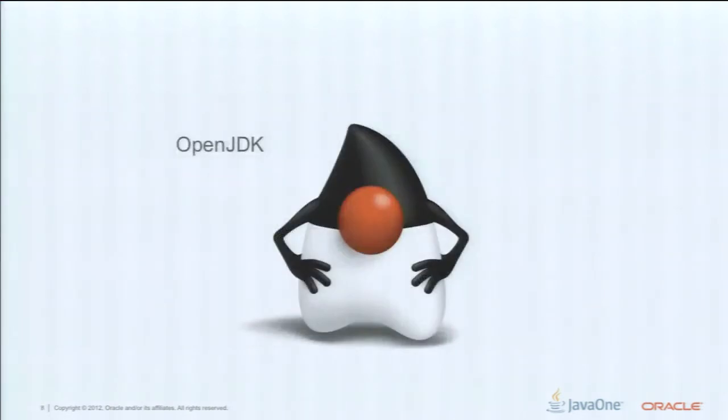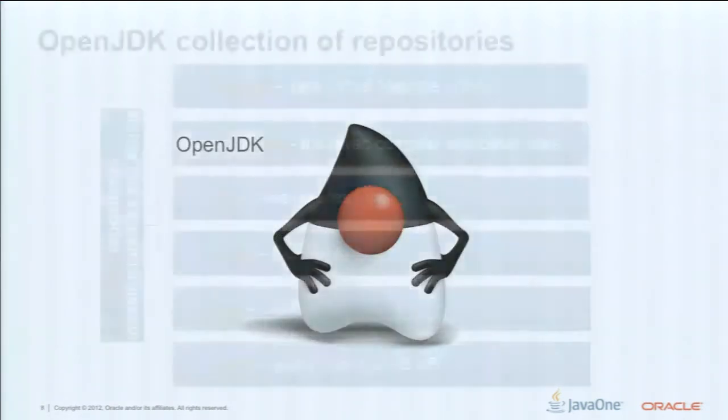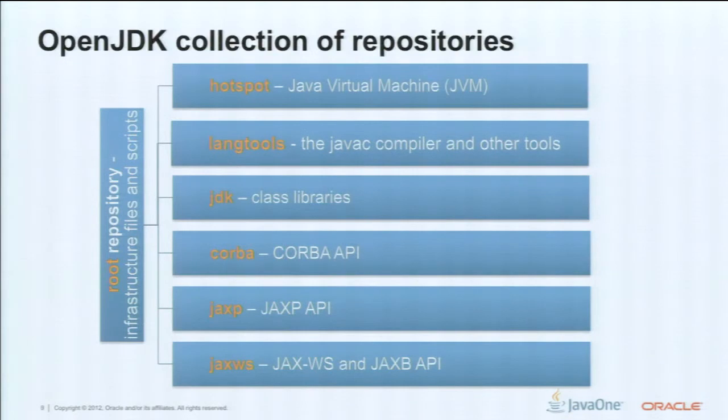Okay, now we have the OpenJDK section. Here is the collection of OpenJDK repositories. Each repository forest contains the root repository, which is infrastructure and just scripts to build. And also we have 6 repositories related to the functionality of Java.